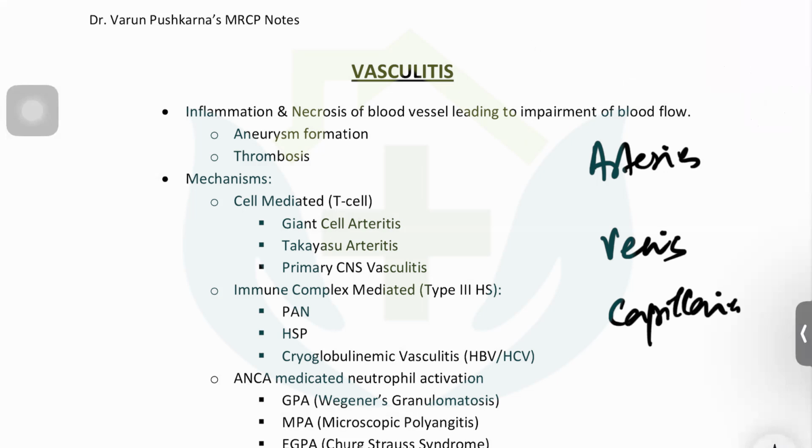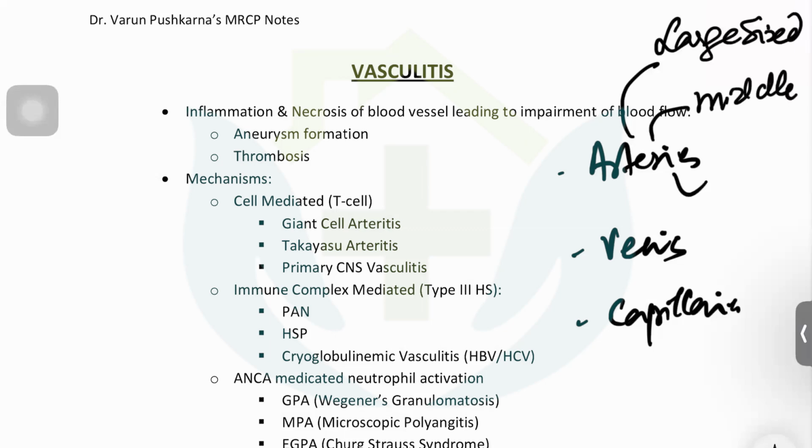There are 3 major classifications, but in the arteries also there are classifications: large sized arteries, middle sized arteries, and small sized arteries.